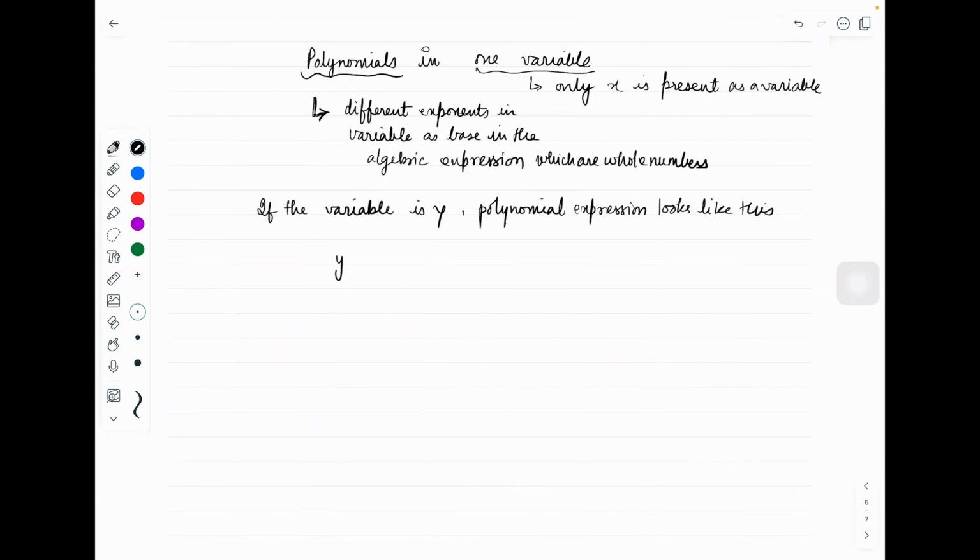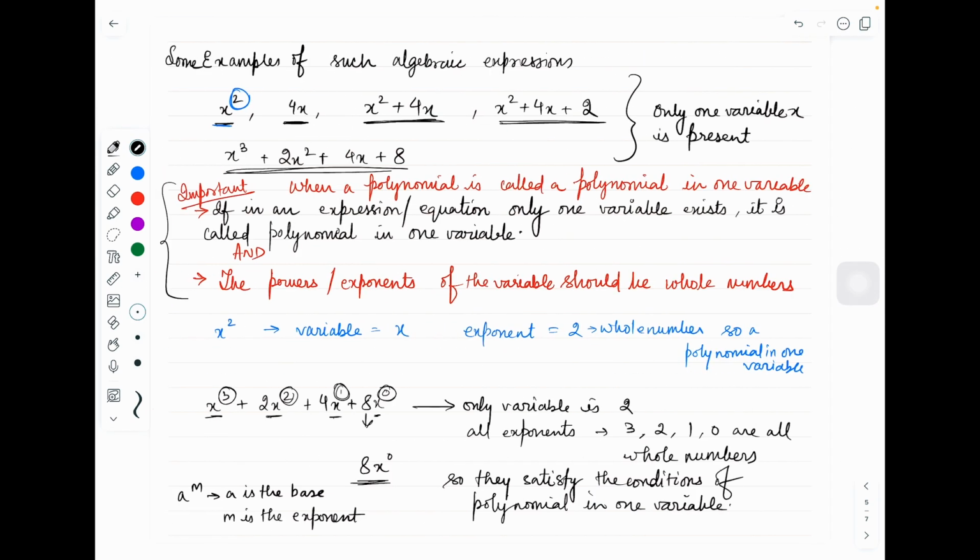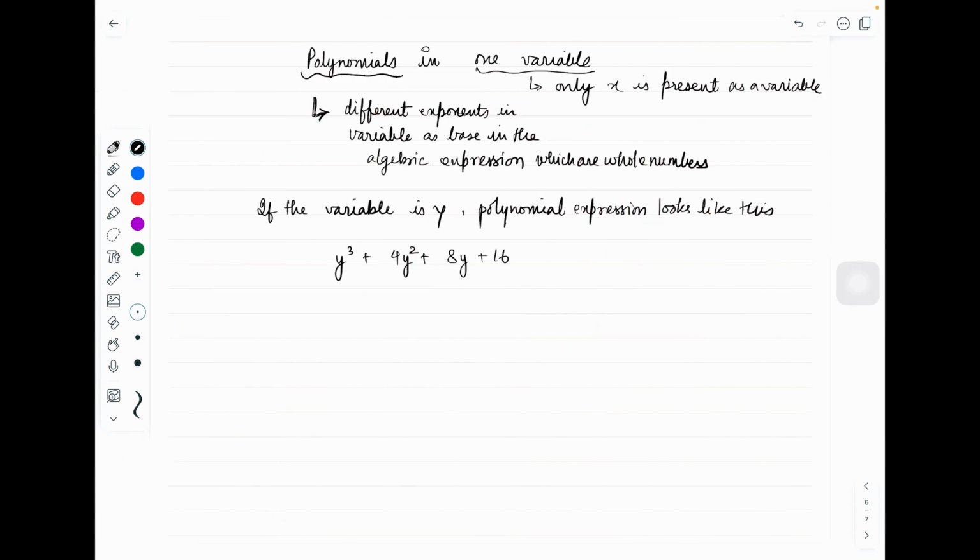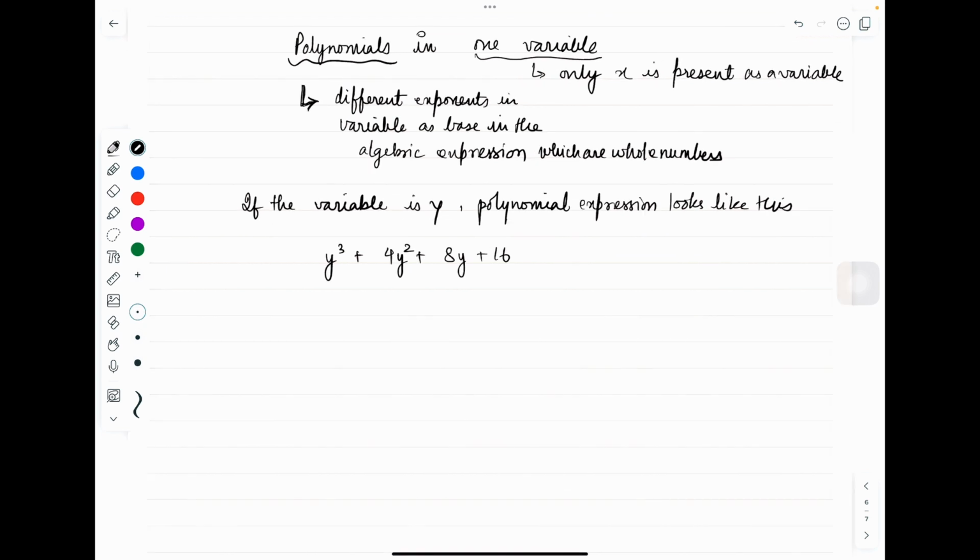The same thing in y, I will write y cube plus 4y square plus 8y plus 16. This is also an equation in y.